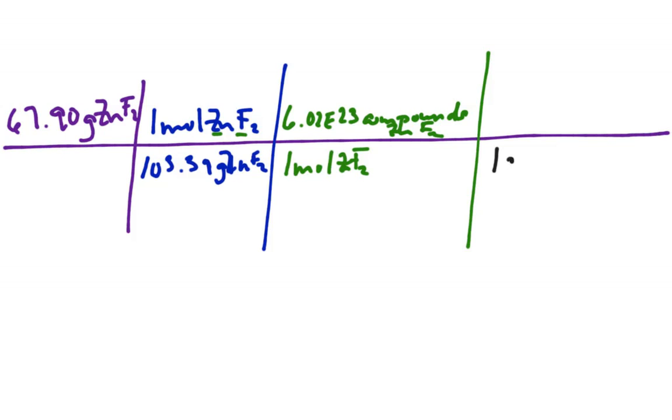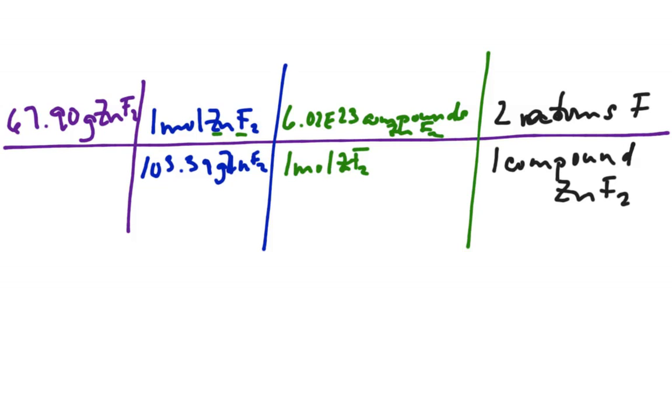And in 1 compound of zinc fluoride, I have 2 atoms, sorry, of fluorine. Okay, so look at each of those individual steps. Make sure that you can follow your table on that, and you know where you're getting all of those numbers from.